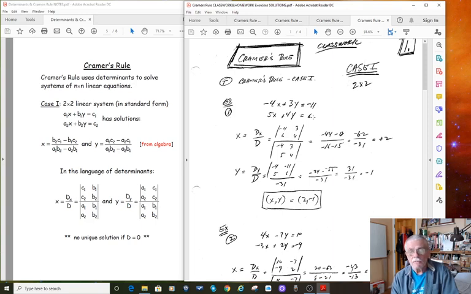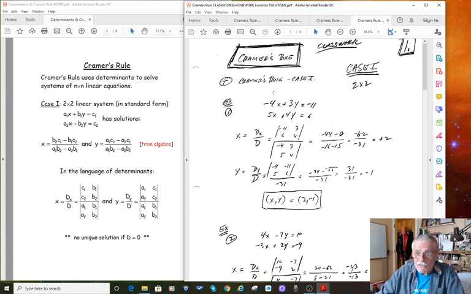You know, we could do this by algebra, try and eliminate the y. We could do this by using matrices, but the instructions here are to use determinants and Cramer's rule. Okay, so here we go. We start out x equals D sub x over D. So let's find what these are, and then we'll work them out.